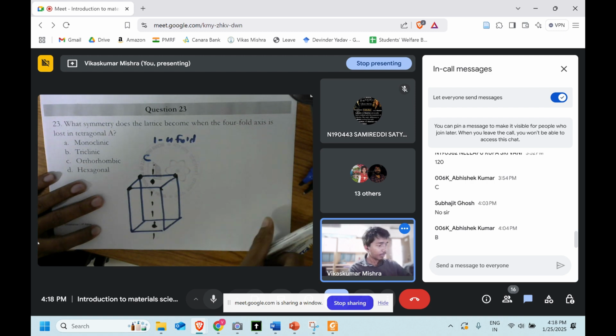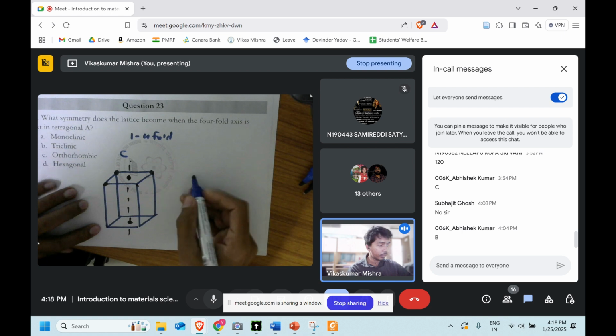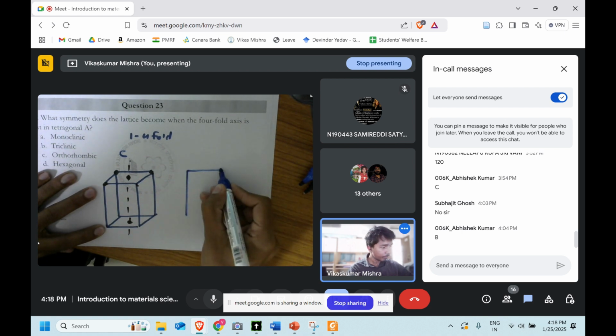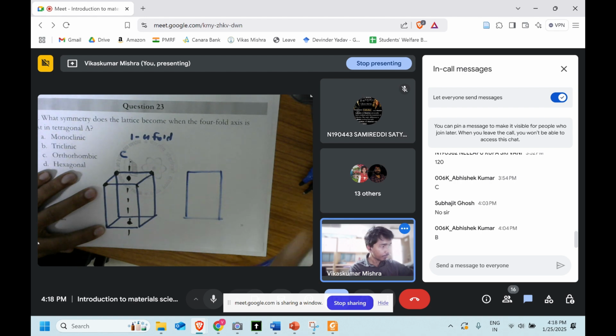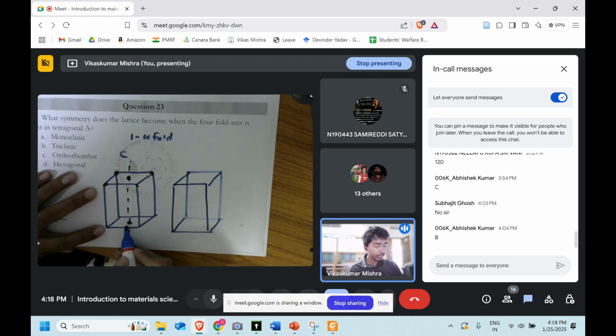Now let us say we are talking about the tetragonal A. Tetragonal C means that the points were at the C axis.